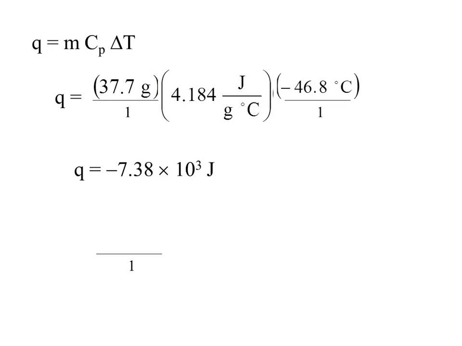Okay, so we'd say the change in thermal energy, Q, is equal to negative, and you wouldn't have to pack it up in scientific notation, but I did, negative 7.38. Notice I'm keeping 3 significant figures because I have 3 significant figures in the mass and the temperature. We have 4 sig figs in that specific heat, but we have to go with fewest. Now, unless it's said, you don't have to do this last step.